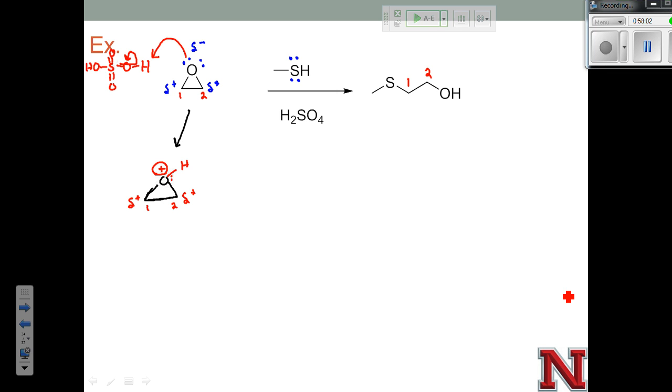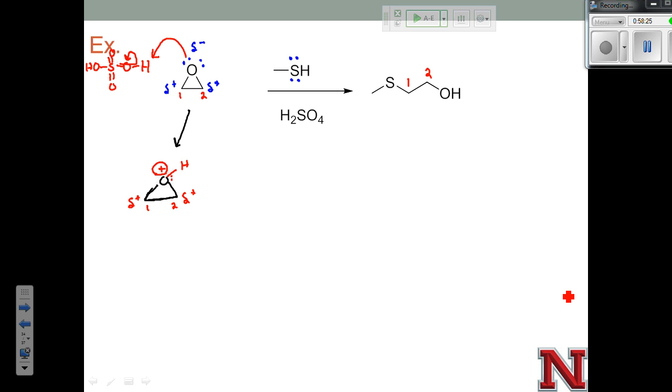The conjugate base of H2SO4 is not really a base. Our oxygen isn't basic enough to deprotonate that. If we look at the equilibrium of the deprotonation, we'd form an O plus and an S negative, so the backwards reaction would be favored. So our thiol will attack neutral.